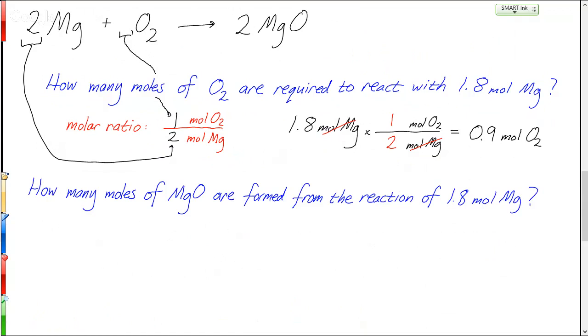So this is the same question as before, but instead of trying to find the quantity of oxygen, we're going to try to find the quantity of magnesium oxide. But you use the same technique. So see if you can do the same thing on your own, following the example of what we just did, but this time looking for magnesium oxide instead of oxygen. Then we'll look at it together and see if we found the right thing.